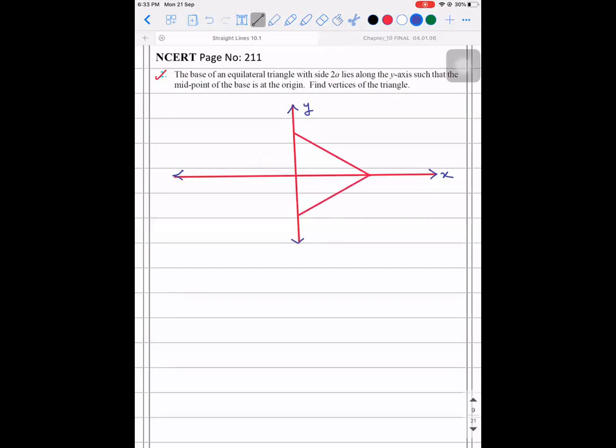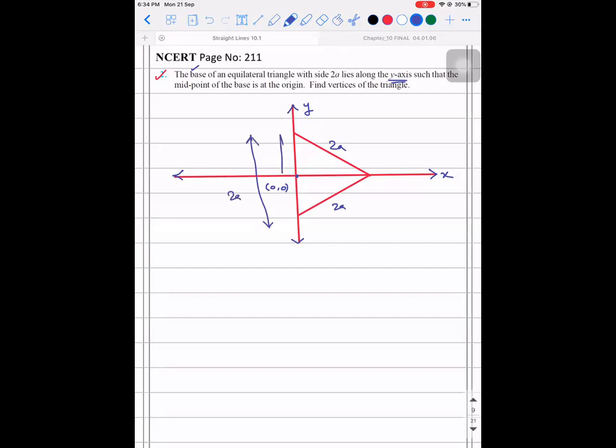Did you understand the difference between the previous one and this one? In the previous case, I took the base on the x-axis, but what is given in the question? The base of an equilateral triangle is along the y-axis such that the origin is the center, (0, 0). Find the vertices of the triangle. Simple task. If this side is 2a, this side is 2a, this side will also be 2a.